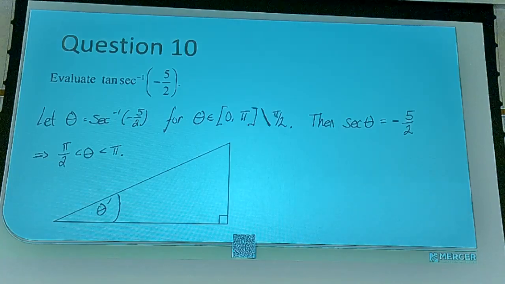How is secant defined on a right triangle? Hypotenuse over adjacent. What's our missing length?